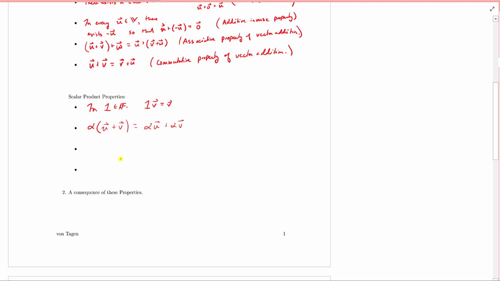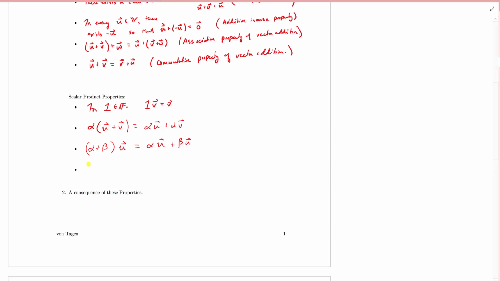So this is a sort of distributive property. We have another distributive property that says if I took alpha plus beta and multiplied the result of that sum to a vector u, I would get the same thing as alpha times vector u plus beta times vector u. Okay. So we've got these two different distributive properties.